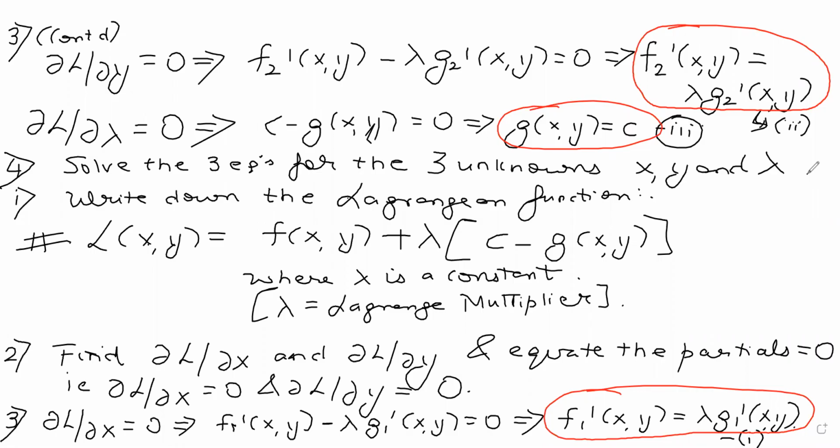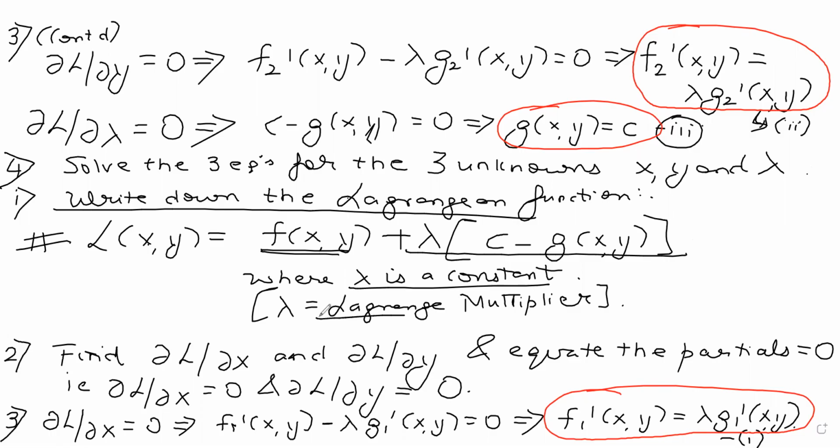So if I quickly revise the steps, the objective is to use the Lagrangian method to solve the simple two-variable constraint optimization problem subject to an equality constraint. Step number 1, you define the Lagrange, which is f of xy plus lambda times c minus g of xy, where lambda is a constant, also called the Lagrange multiplier. Step number 2, you find del L by del X and del L by del Y and equate them to 0.